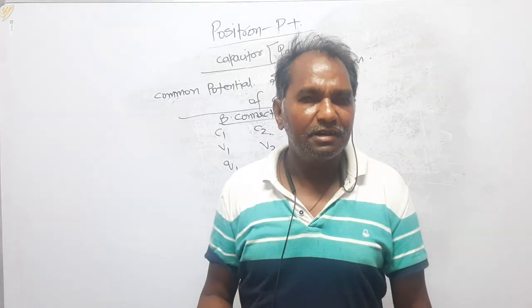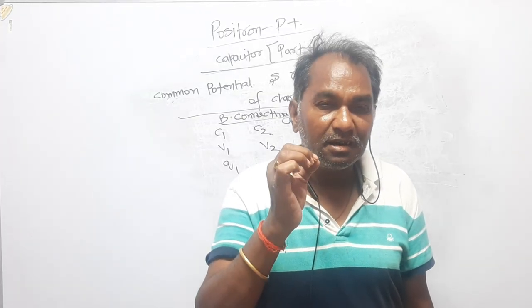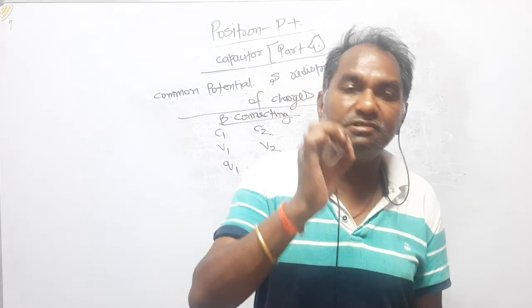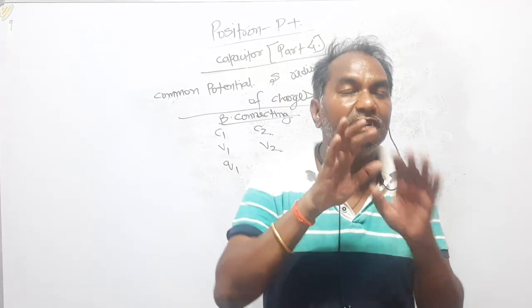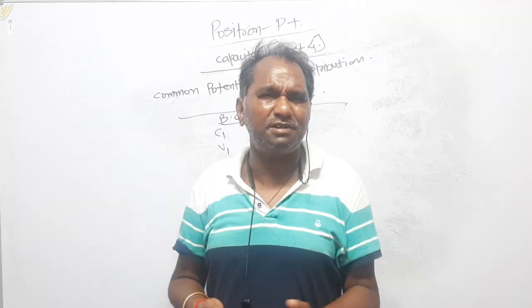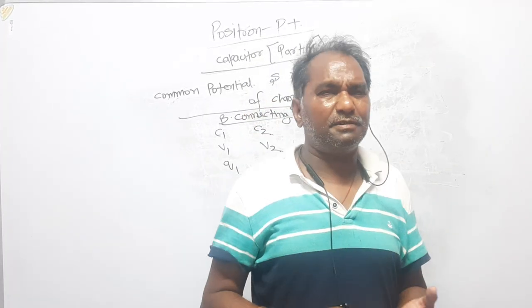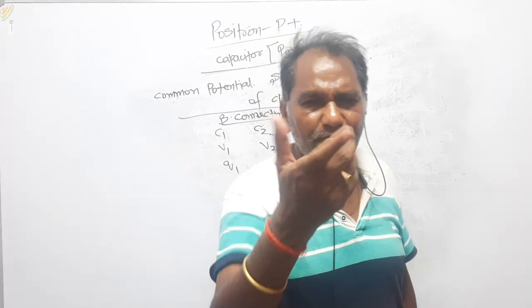Actually, capacitance is independent. Capacitance is a particular characteristic of a capacitor. It is independent of charge and potential. The capacity of the capacitor decides how much charge can be given to it.